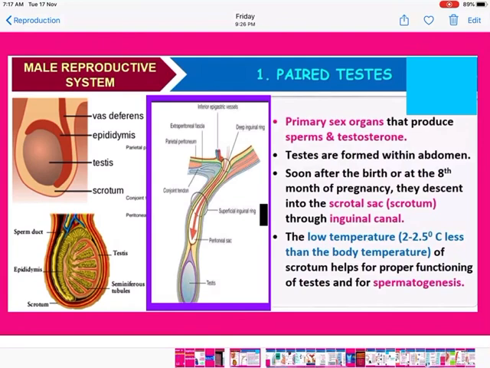The low temperature of scrotum helps for proper functioning of testes and for spermatogenesis. So, for the formation of sperm or for the spermatogenesis, the testes are to be present outside the body where the temperature is 2 to 2.5 degree less than the body temperature. Sperms cannot withstand high body temperature.